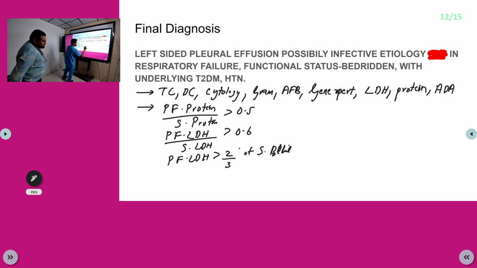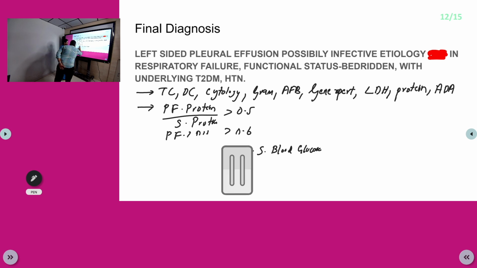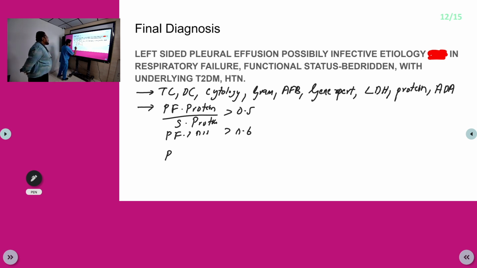What is it? Serum? So what you have written? Pleural fluid glucose. Yes. There should not be any confusion.